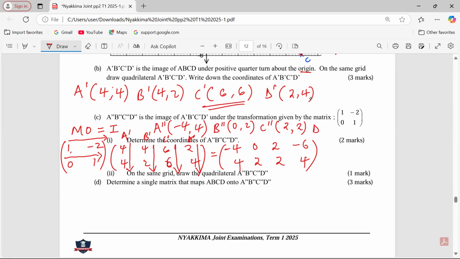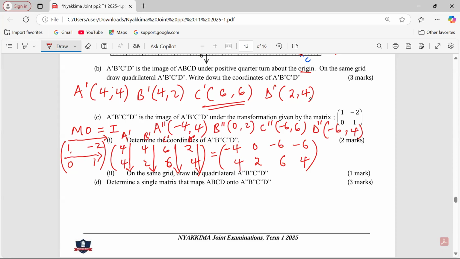That will be 6 minus 12, giving us a negative 6. So we should be having a negative 6 at this point. Then on the lower side, we'll be having a positive 6. So for C, the coordinate is supposed to be negative 6, 6. Then for D double prime, we state it as negative 6, 4, that way.